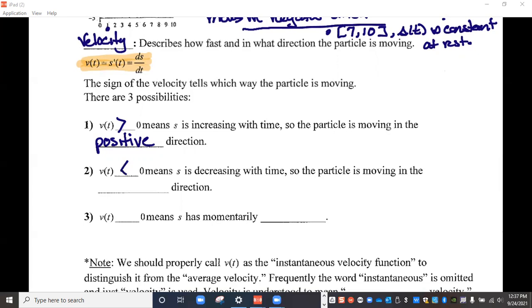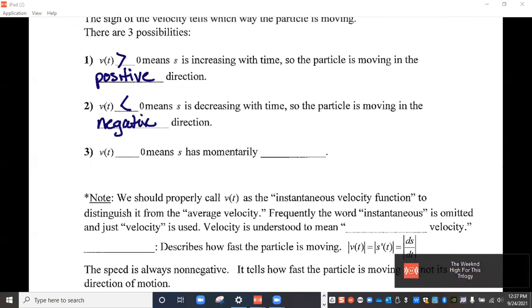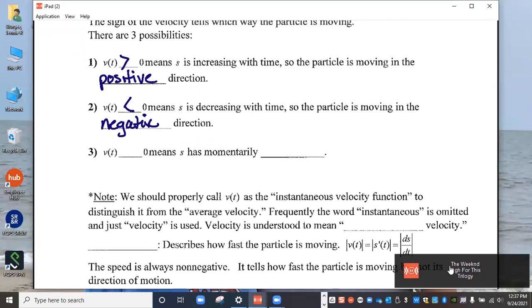If your velocity is less than 0, it means the position is decreasing with time, so the particle is moving in the negative direction. When your velocity is equal to 0, it means the object has momentarily stopped.